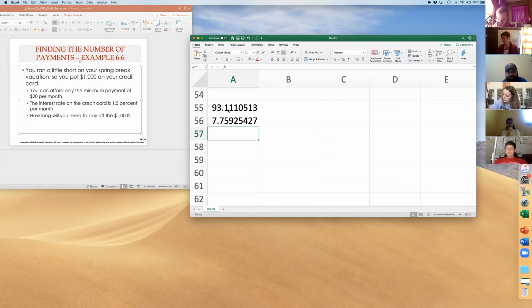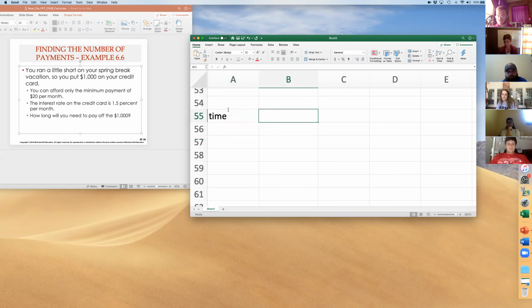Now, would you guys like to do an amortization table on that so you can see it line by line? I think this is really interesting, actually. And I'm going to set this up where I've got time here. I don't really know what the time is. We computed it, and I'll put in payment, interest, principal, and balance.